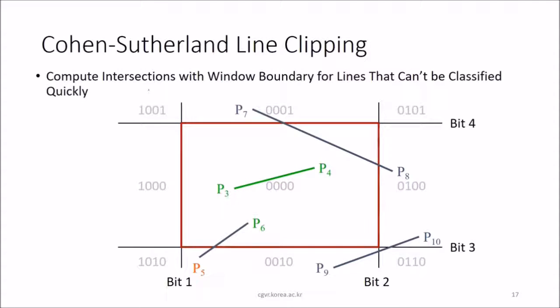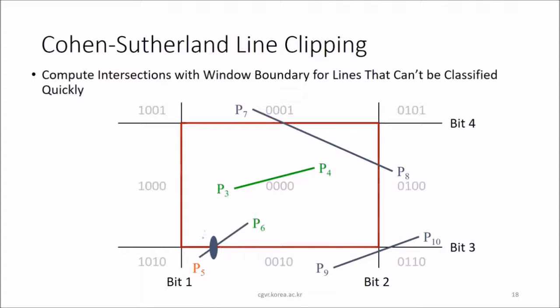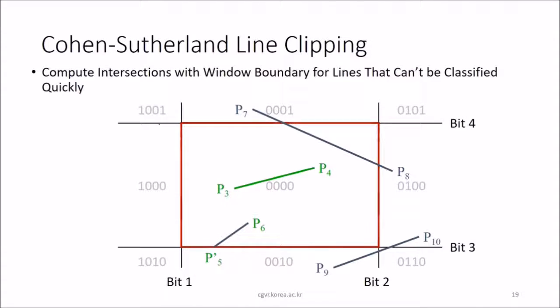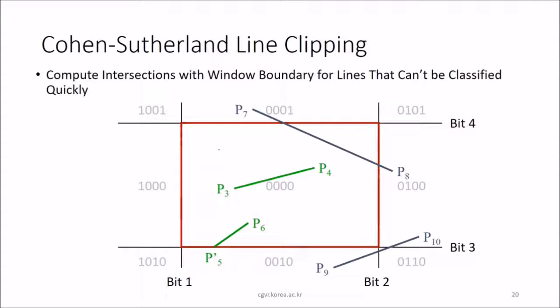Then we compute the intersection with the view boundary for lines that can't be classified quickly, like this line. We compute the intersection of this line with the window boundary, and we just remove this part. This is the point we want.